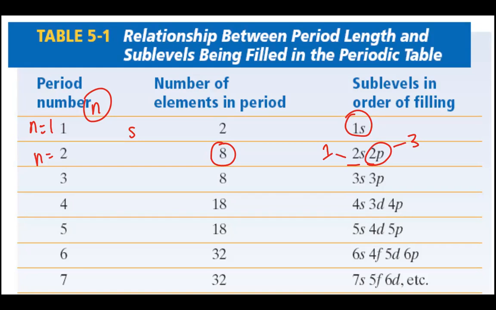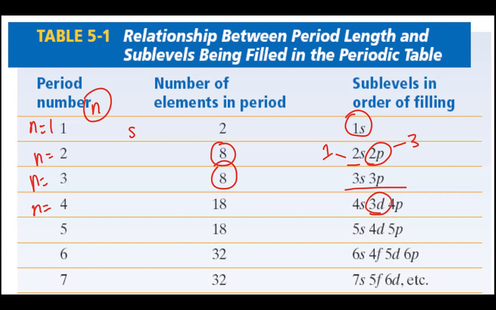Same thing in period 3, for n equals 3. We still have 8 because the 2 sublevels of period 3 are 3s and 3p. It's only when we get to n equals 4, or the 4th period, that we have an additional 5 orbitals when we include 3d.